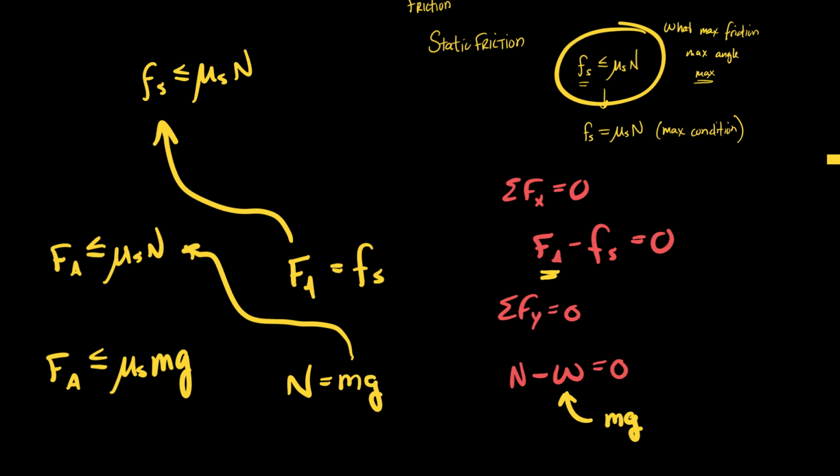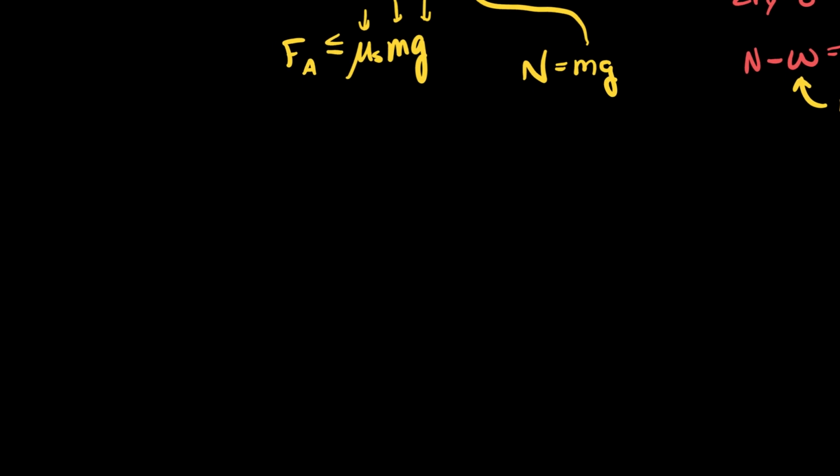Now, we have something to put in here, right? Each one of those things we have. In fact, if I looked at the numbers that we were given at the beginning, my applied force is going to be less than or equal to 0.4 times 50 times 10. Does that make sense?